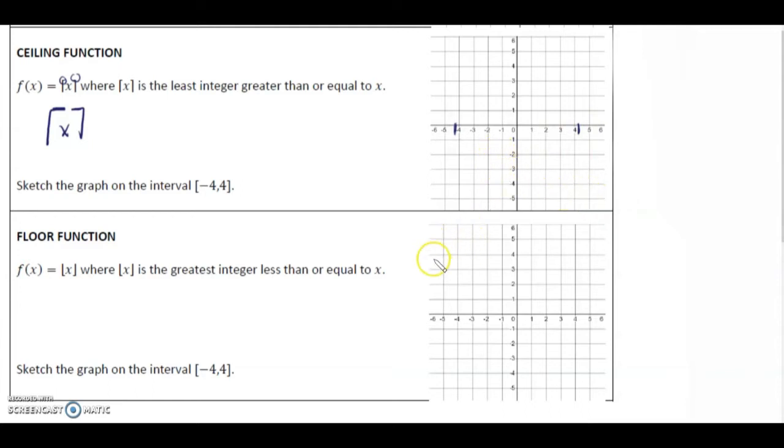Okay, at -4, -3, we are not graphing, but all the way up to -3, -3, we're going to graph that. At -3, -2, we're not going to graph this, but we're going up. Sorry, ceiling.